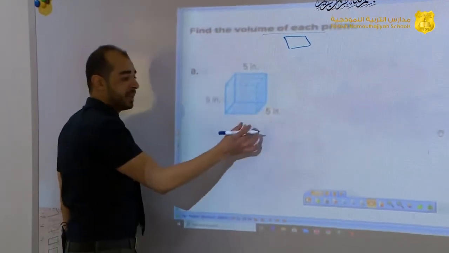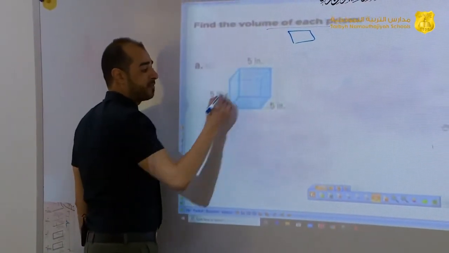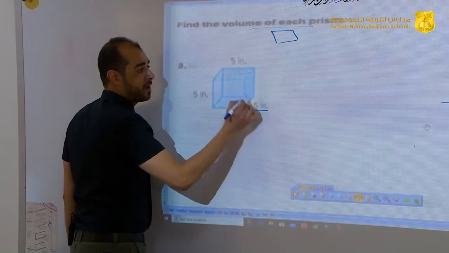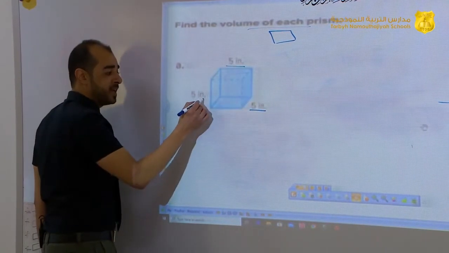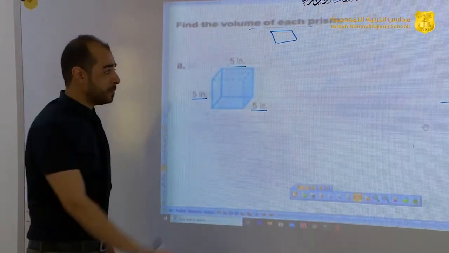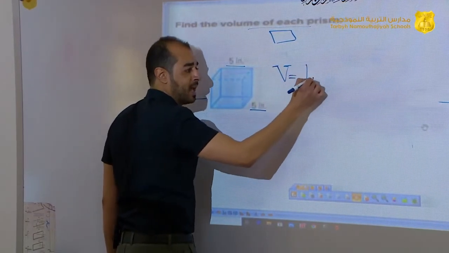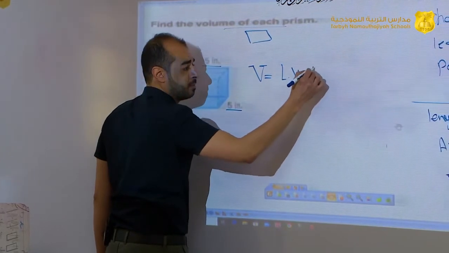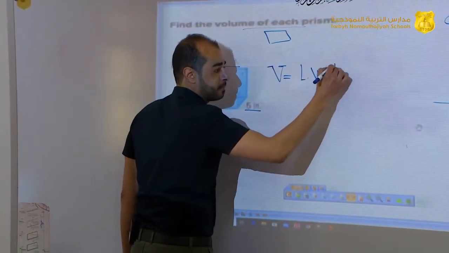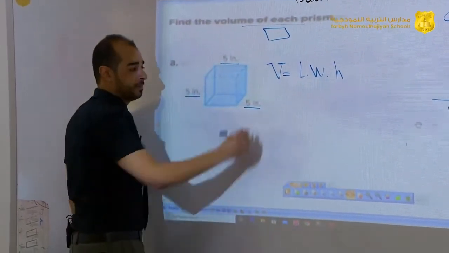This prism has dimensions of 5 inch length, 5 inch width, and 5 inch height. First step to find the volume is to write the rule: V equals L multiplied by W multiplied by H, length multiplied by width multiplied by height.